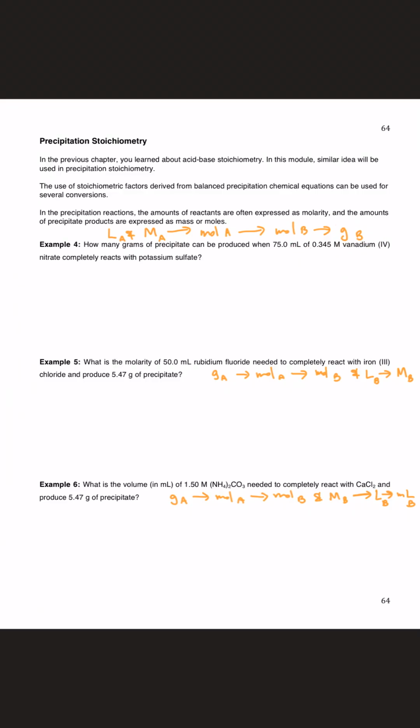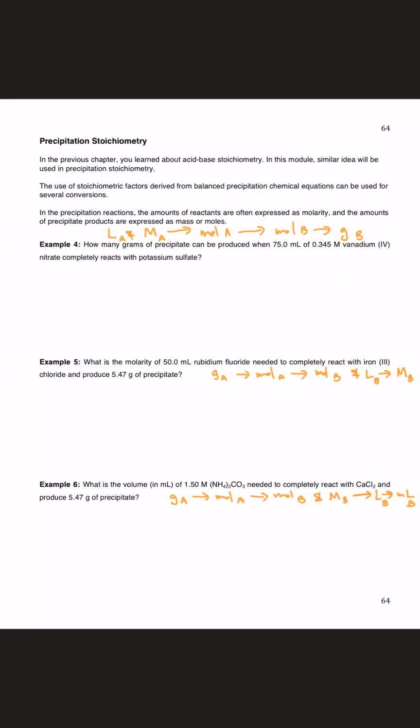Example 5 is a conversion from grams of A to mole of A, using the mole ratio to convert to mole of B, and using the volume of B given to eventually derive the molarity of B. Example 6 is a conversion from grams of A to mole of A, using the mole ratio to go to mole of B, and using the molarity of B to obtain the volume of B.